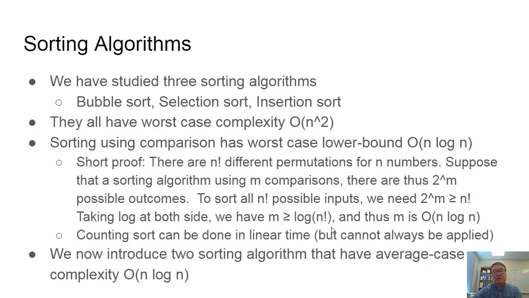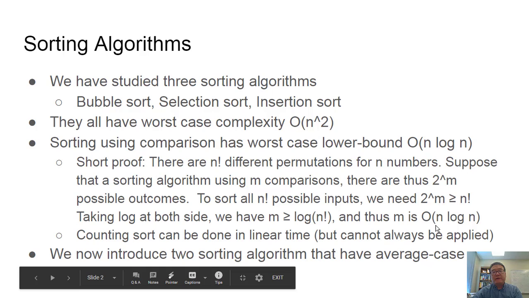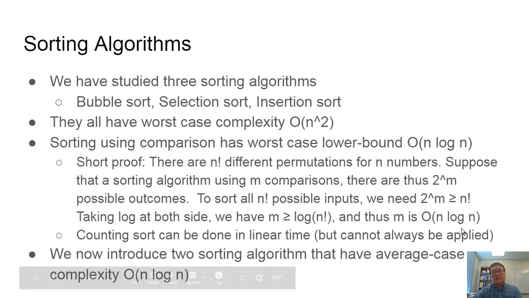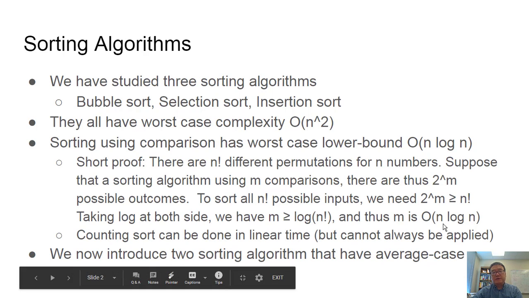We have at least n over 2 of them. So that means we have at least n over 2 times log n minus n over 2. Asymptotically, if we ignore the smaller term and the constant, that's n log n. So yes, this is the lower bound.